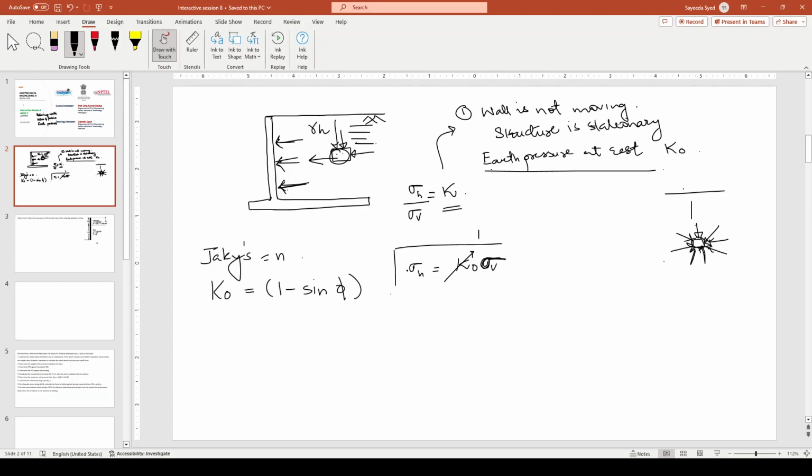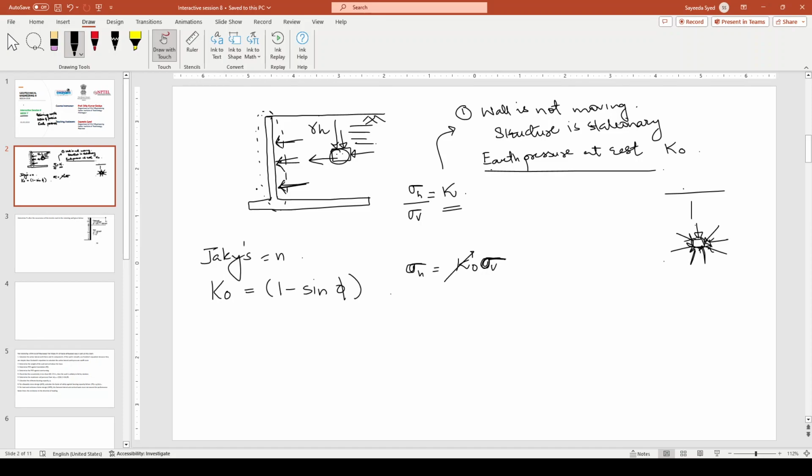So we take this. The thing is, here everything is very simplified. Why? Because our wall is not moving and nothing is happening.